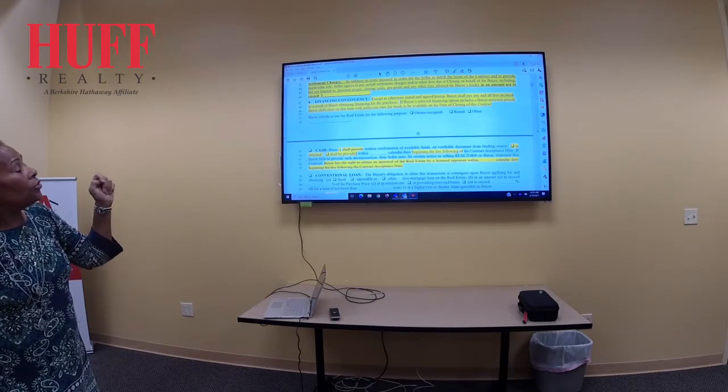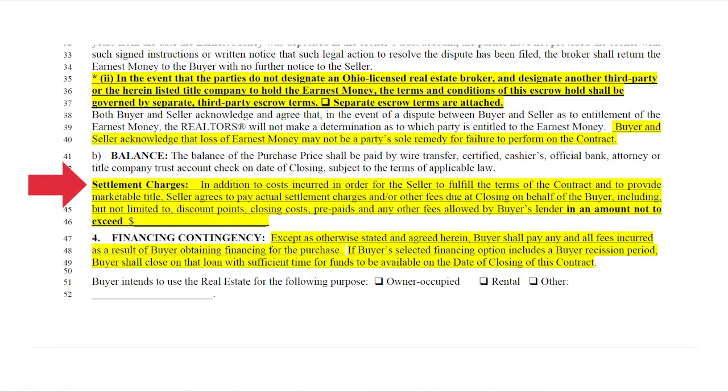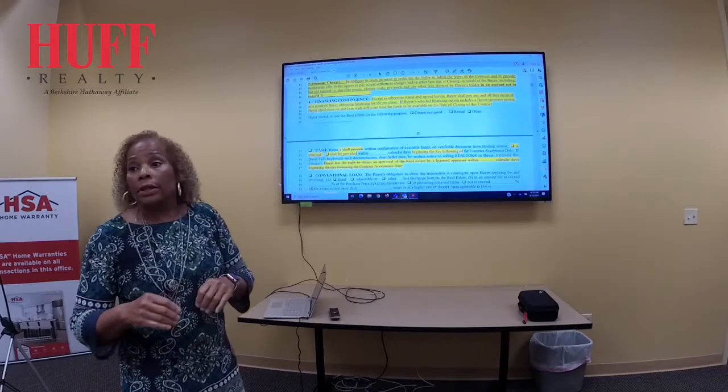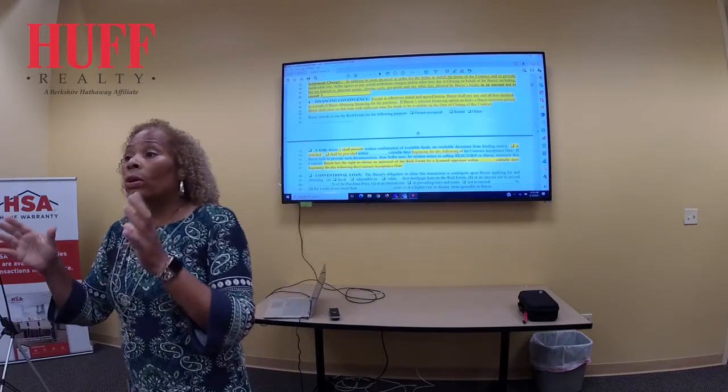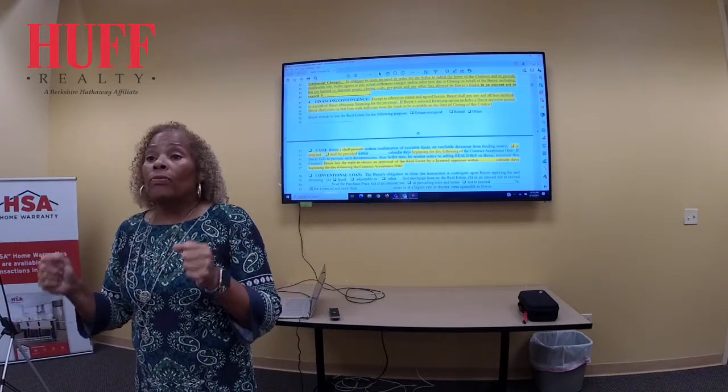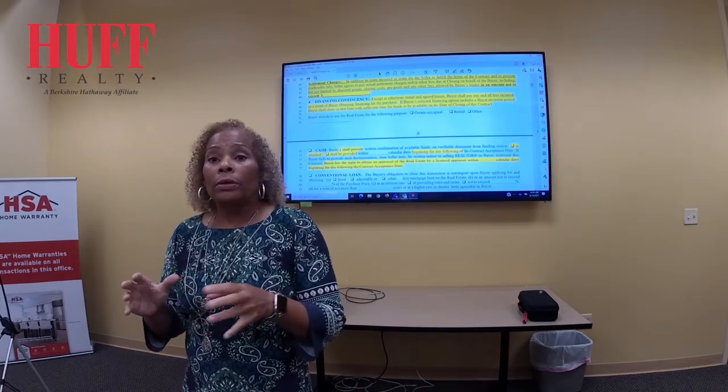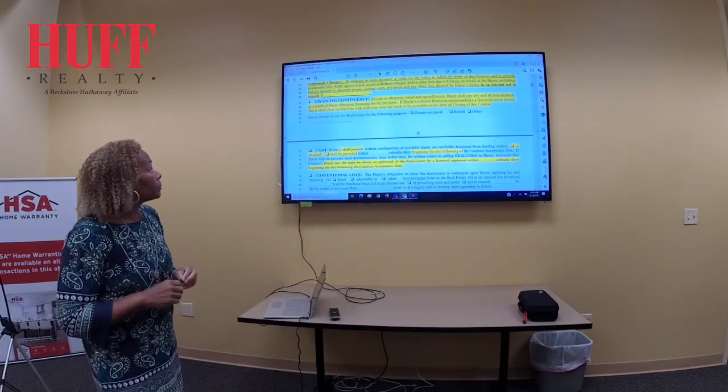It says, in addition to costs incurred for the seller to fulfill the terms of the contract and to provide marketable title, seller agrees to pay actual settlement charges and other fees at closing on behalf of the buyer, including but not limited to discount points, closing prepaids, and any other fees allowed by buyer's lender, an amount not to exceed blank. Right? So that's very clear. In other words, the seller's going to provide X amount of dollars to the buyer and no more. But that's where that's going to go.